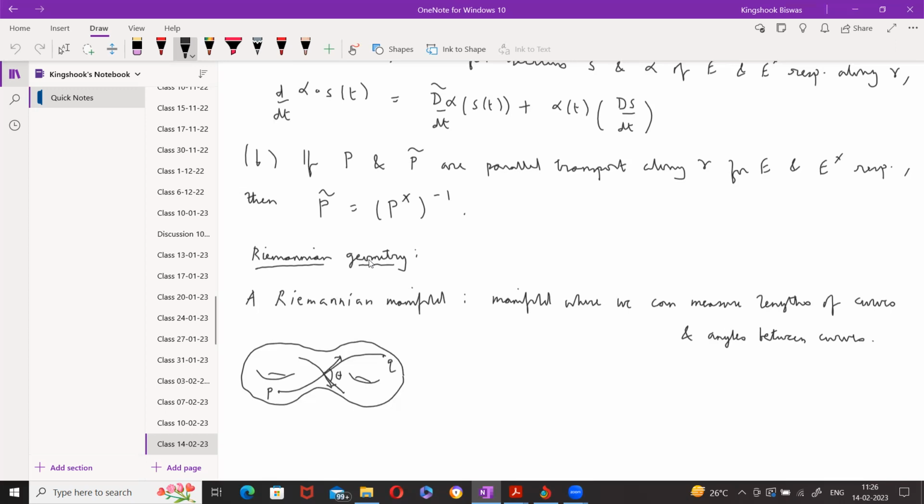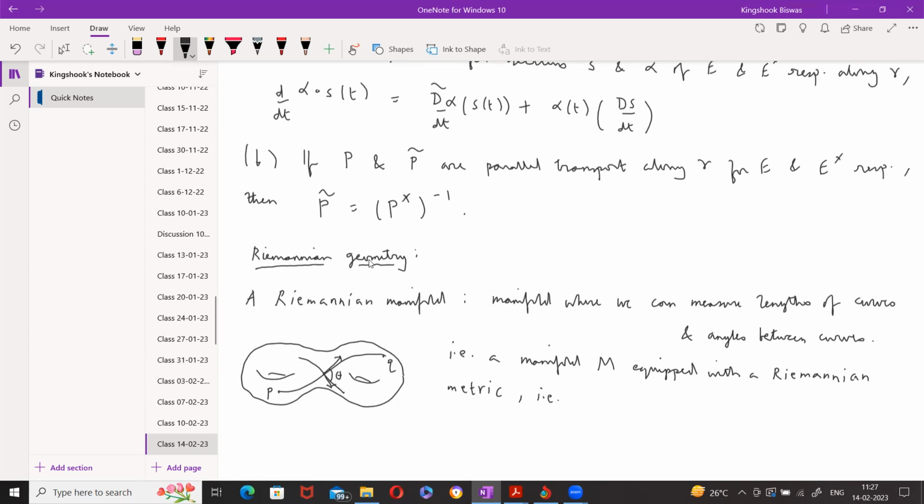So, a Riemannian manifold will be a manifold M equipped with what is called a Riemannian metric, that is, a choice of inner product on each tangent space, which varies smoothly with the point.